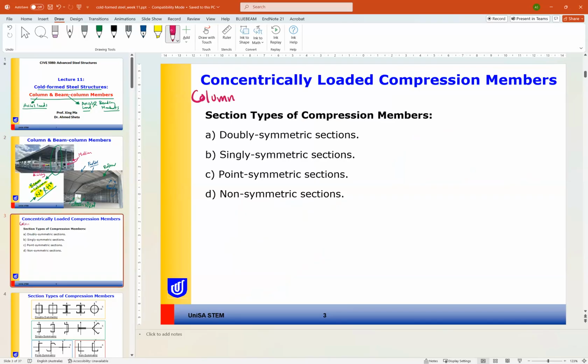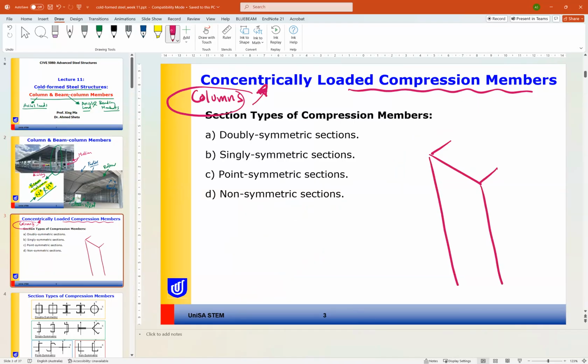Columns here means member under concentrically loaded compression member. So if we have a column from cold formed steel, we have the axial load at the center or CG of this member.